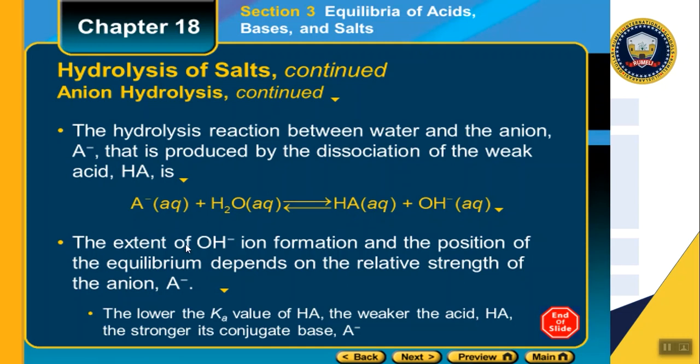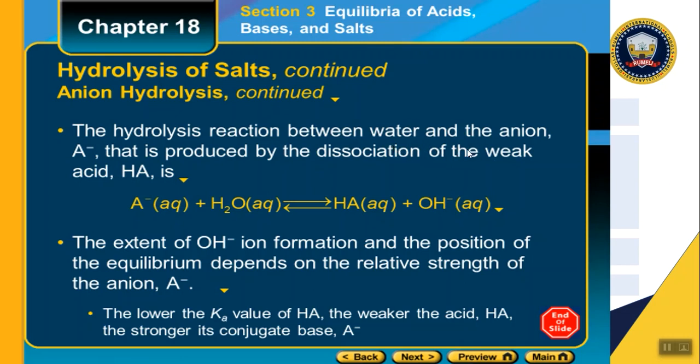So the extent of OH ion formation and the position of the equilibrium depends on the relative strength of the anion part. This anion part, as mentioned before, comes from what? From the weak acid. So this anion part in the first equation will be present on the right side, and on this right side we have water molecules.